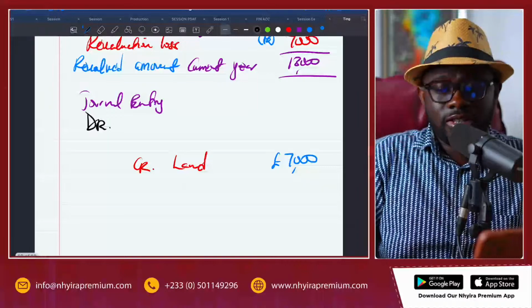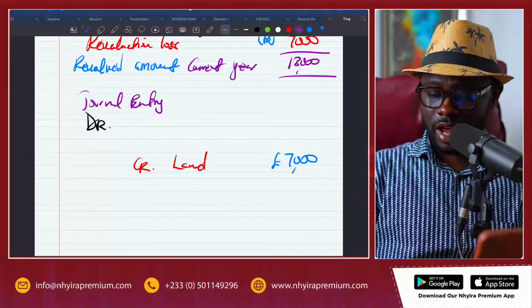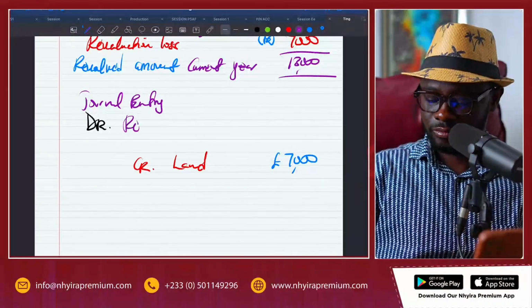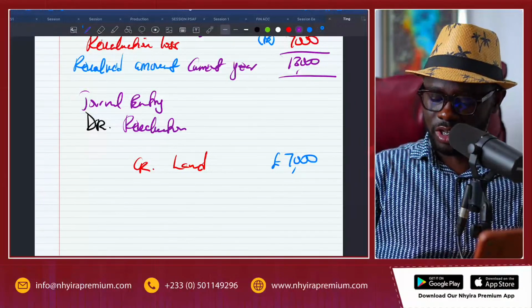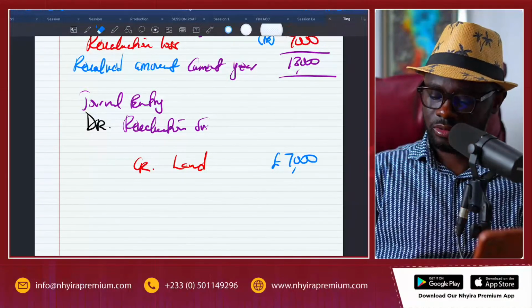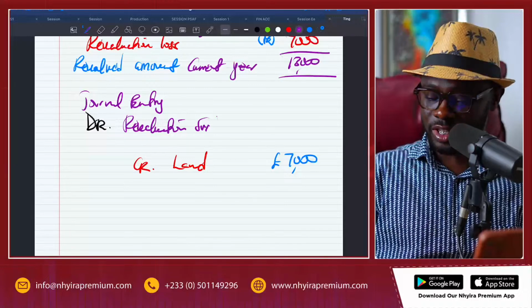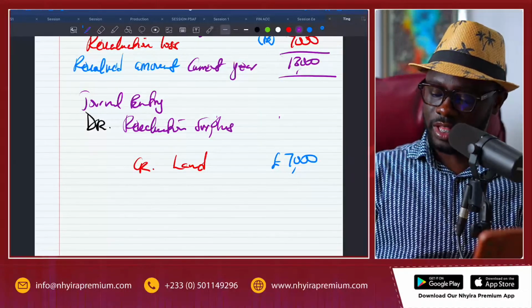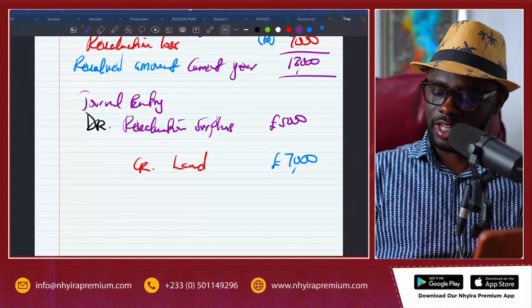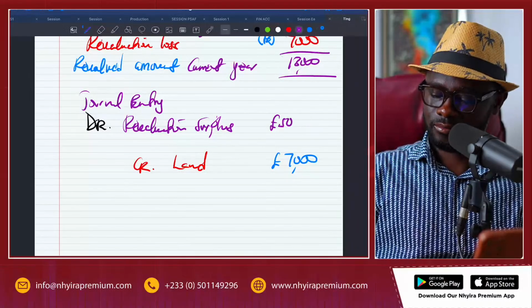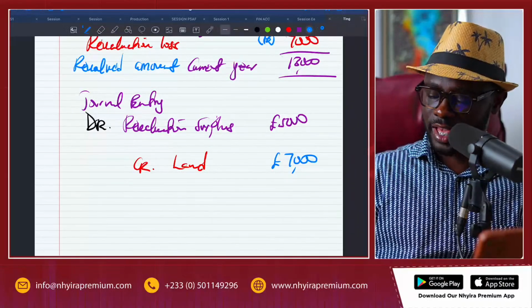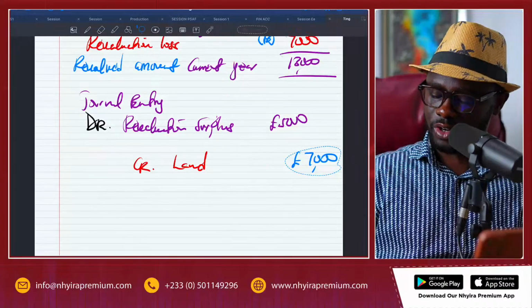Now, since the loss is 7,000, it means we have to write everything off. So we'll debit revaluation surplus with the 5,000, because that is what is there, so that the balancing figure will be taken to the profit or loss account.